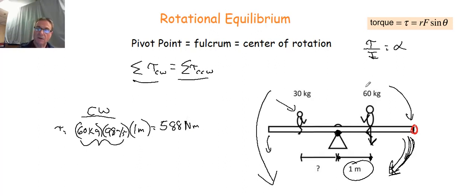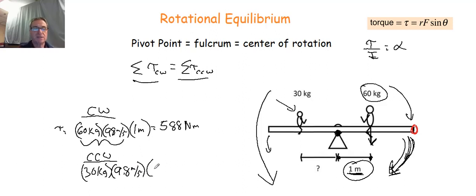So we took that person's mass, multiplied it by the acceleration due to gravity, got the force due to gravity, and multiplied that by the distance from the pivot point, and we get 588 newton meters. Well, in the counterclockwise direction, what do we have? We've got a 30 kilogram person, again times the acceleration due to gravity.